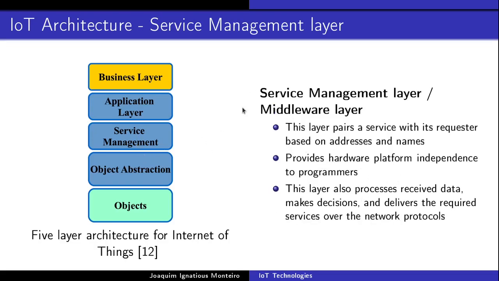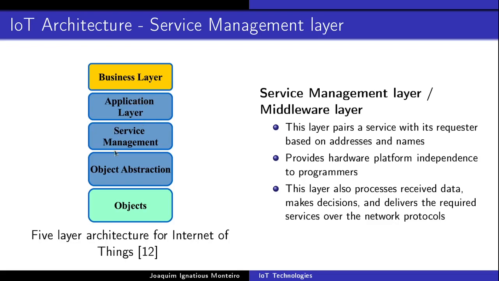And the service management layer. Service management layer, you could call it a middleware. This is really concerned with isolating the programmer from all the complications below. It gives the programmer the feel that he need not know anything about the underlying hardware. You can write some code to acquire data from a particular sensor.